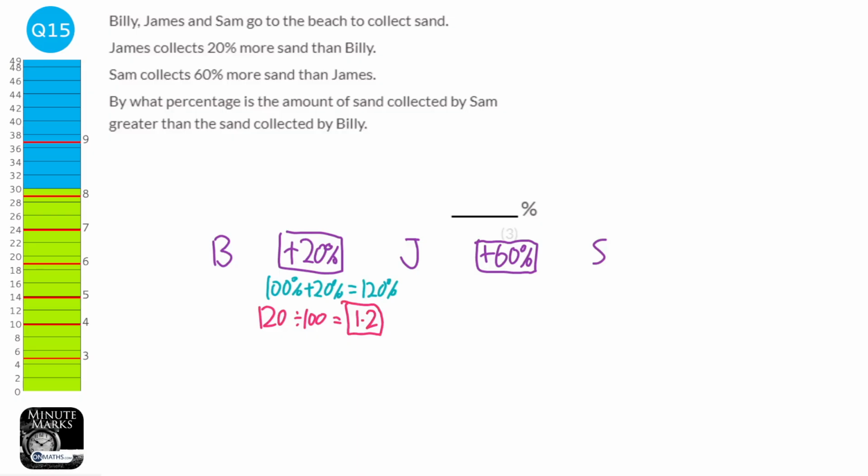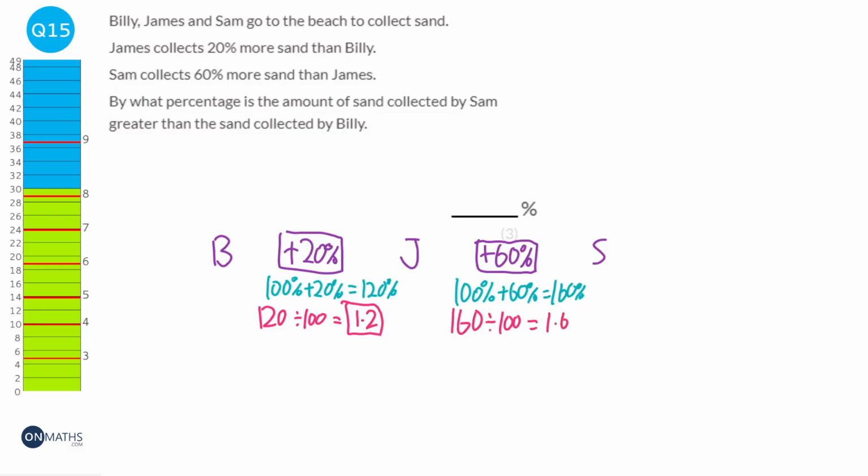So however much Billy has, if we times it by 1.2, we get James's amount. Do the same for James to Sam. So start off with 100%, add 60, is 160%. Then just make that a decimal, so 160 divided by 100, 1.6. So if we multiply anything by 1.6, it will increase it by 60%.